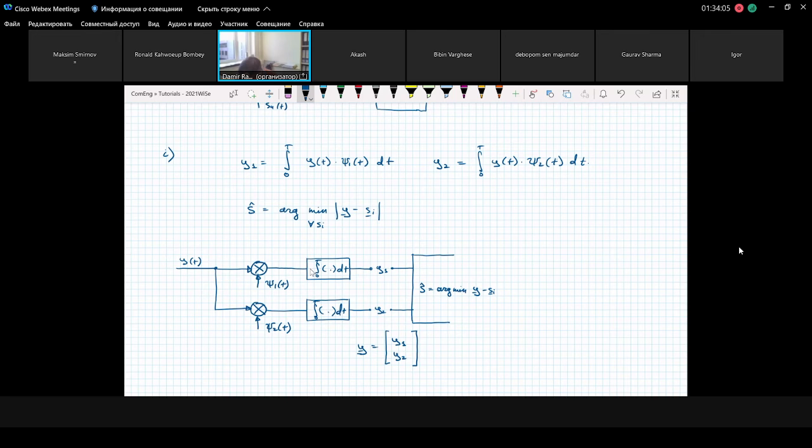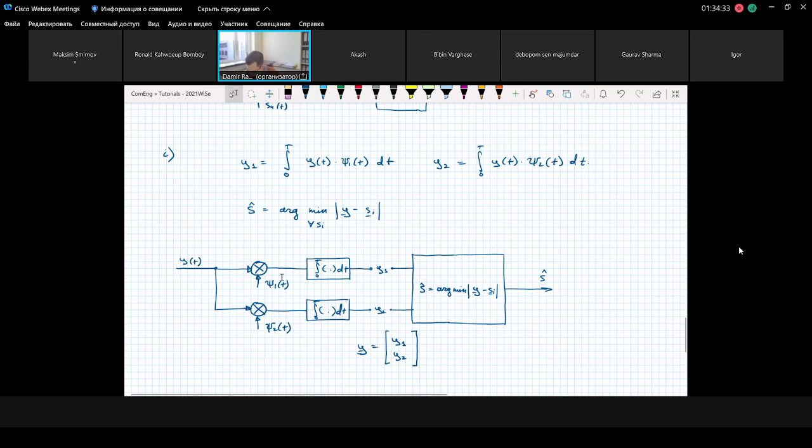And si is represented by 2 components, one for the first basis function, another for the second basis function. The minimum value will correspond to our estimate.